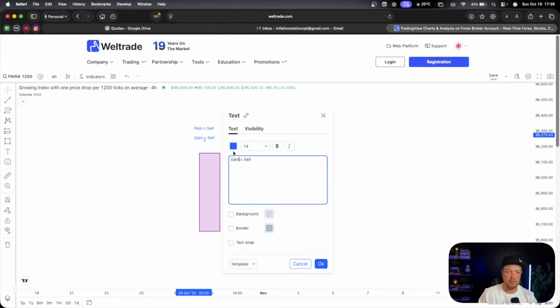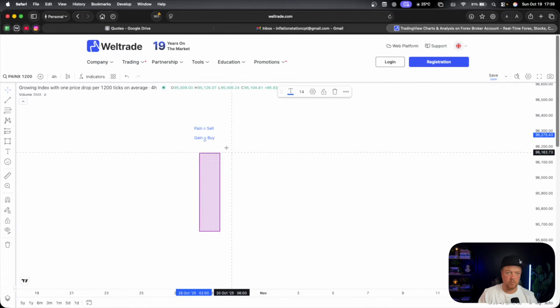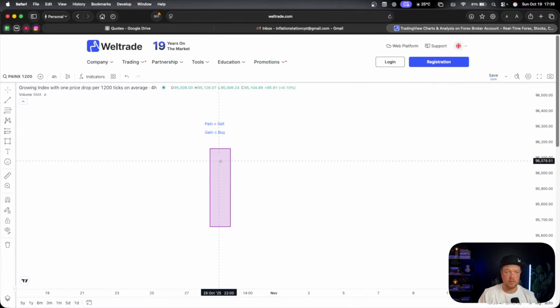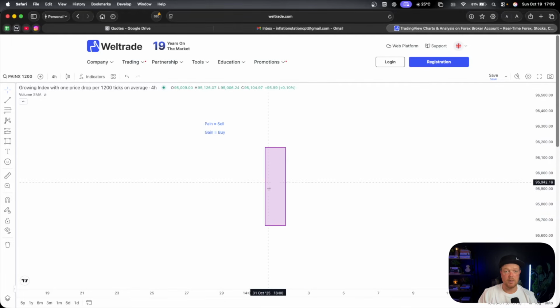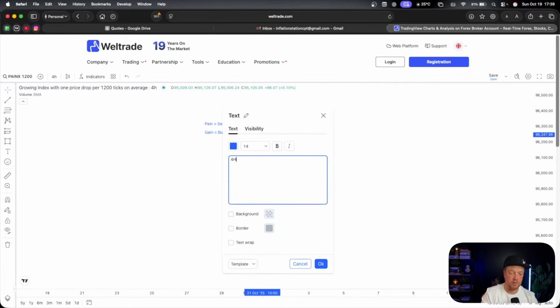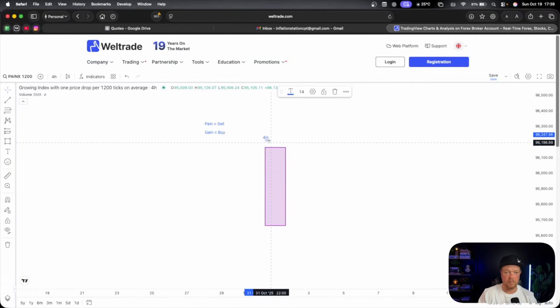So gain equals buy. So that's what we literally are looking for. So let's use the first one as an example. We are going to use the pain. So this is going to be a 4-hour candle, this one right over here.